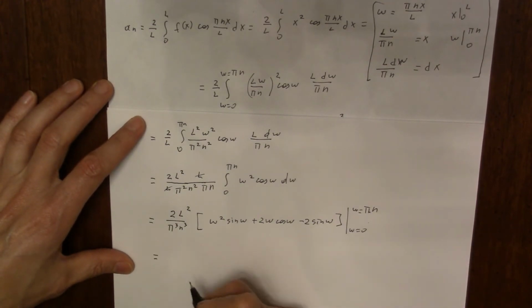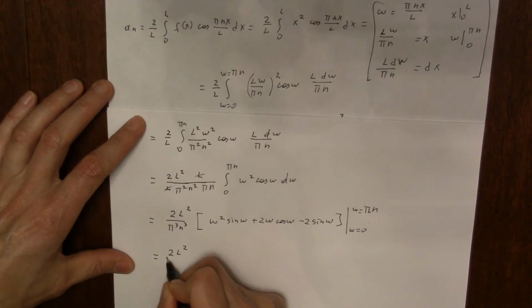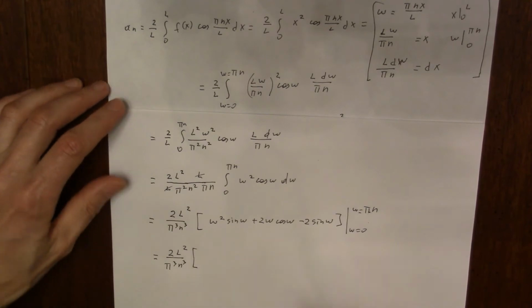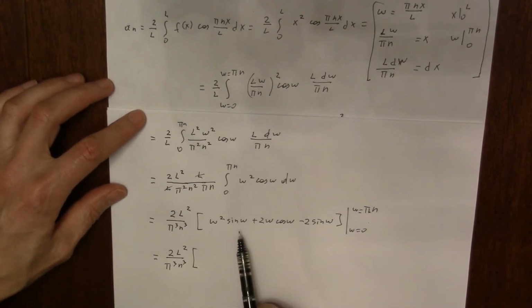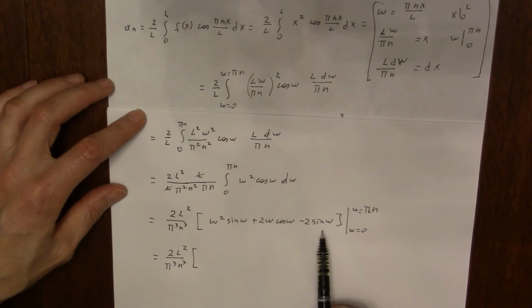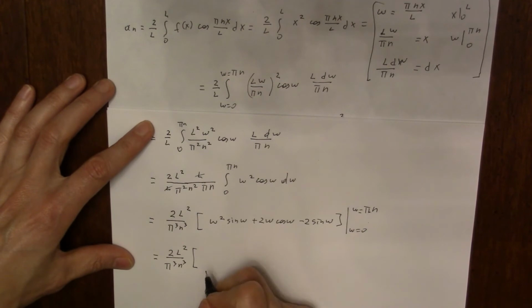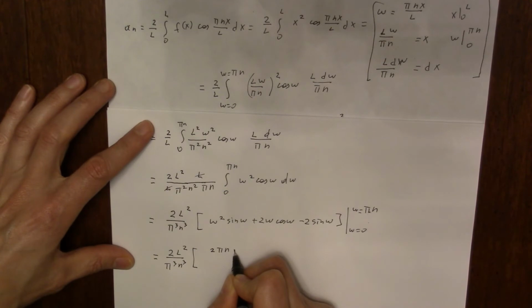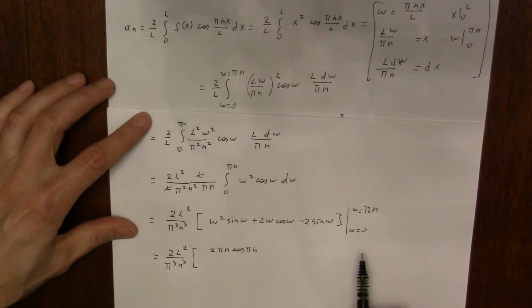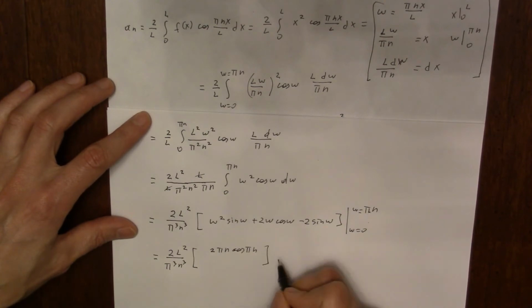So we're going to end up with 2L squared over pi cubed n cubed on the bottom. Sine of pi n equals 0, sine of pi n equals 0. So when we substitute in pi n, we're going to get 2 pi n cosine of pi n. And when we substitute in 0, we get 0, 0, and 0. So that's all that is left.